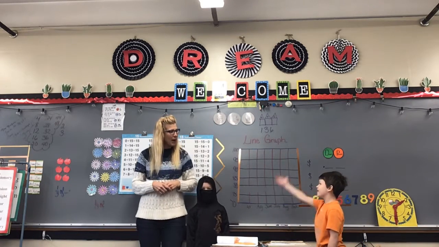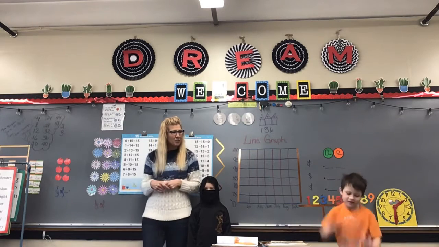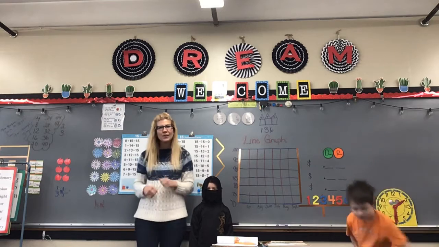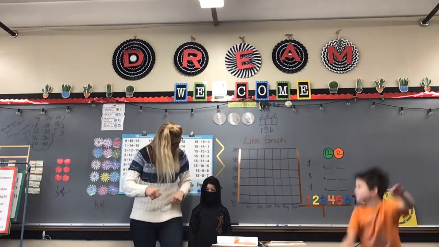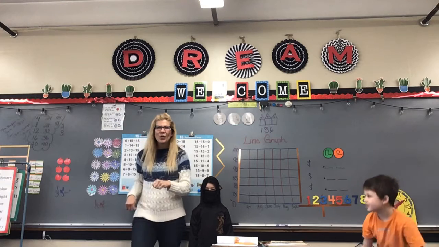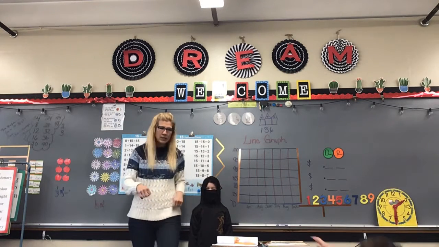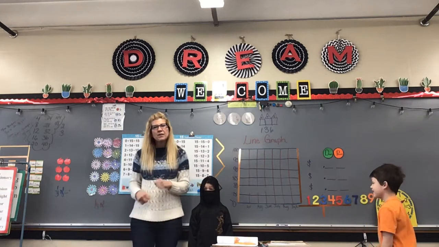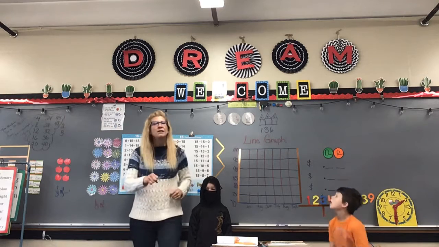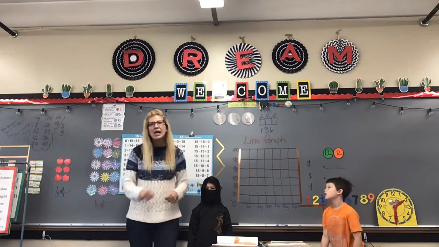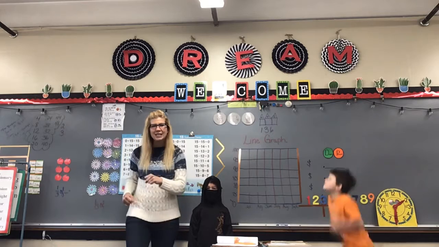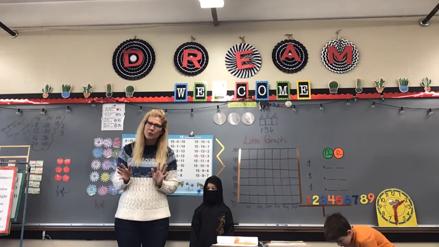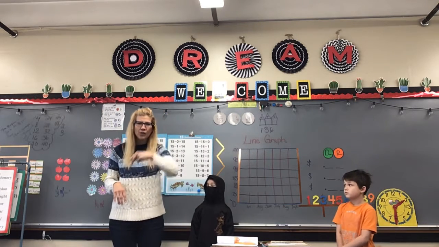Ready? 15 minus 0 equals 15. 15 minus 1 equals 14. 15 minus 2 equals 13. 15 minus 3 equals 12. 15 minus 4 equals 11. 15 minus 5 equals 10. 15 minus 6 equals 9. 15 minus 7 equals 8. 15 minus 8 equals 7. 15 minus 9 equals 6. 15 minus 10 equals 5. Good job. All right, if you were able to do all that, good for you.